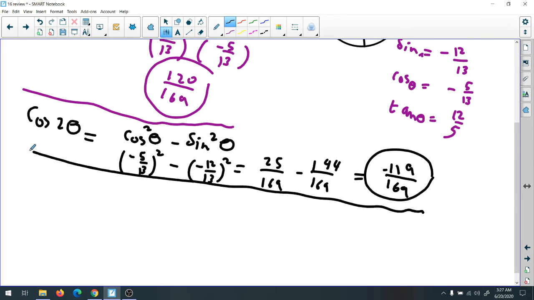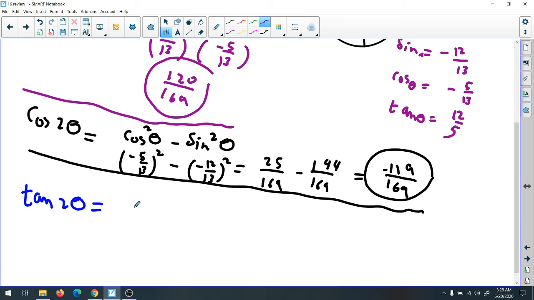Now the value of tangent double theta. We finished cosine. Tangent double theta.